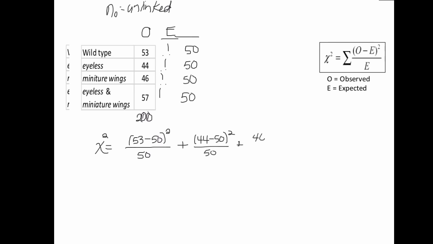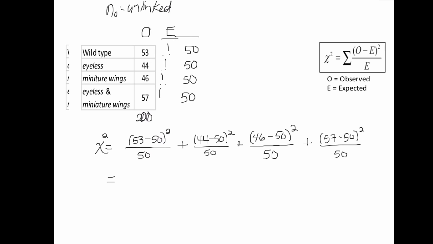For the miniature wing phenotype class, 46 minus 50 squared, where we have the number of miniature wing progeny we observed minus what we would expect. And then for the eyeless miniature wing double, our observed is 57, and our expected would be 50. Okay.